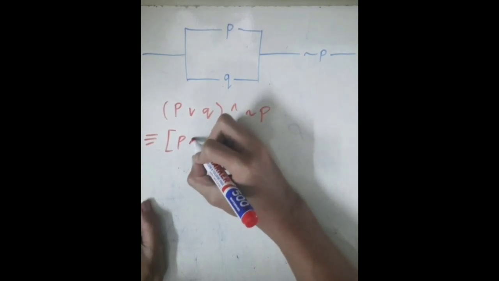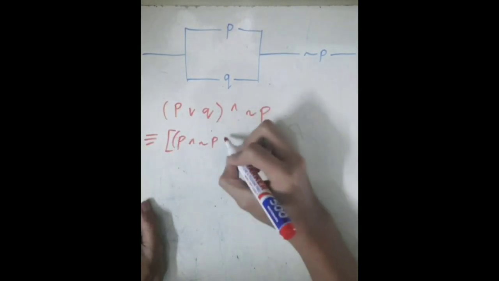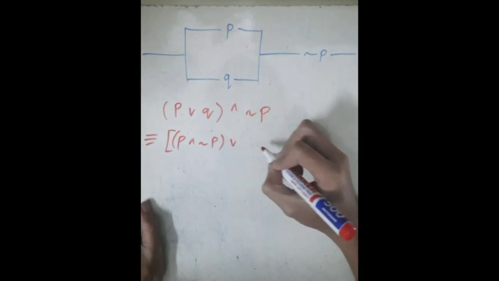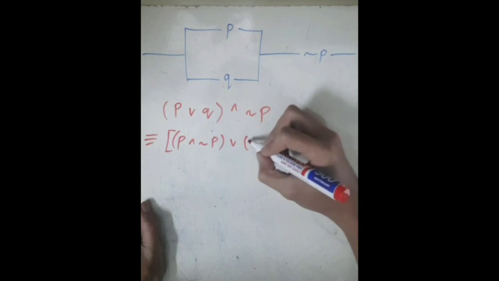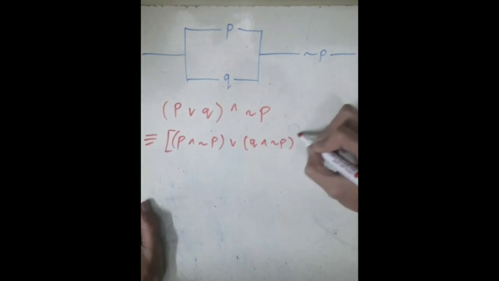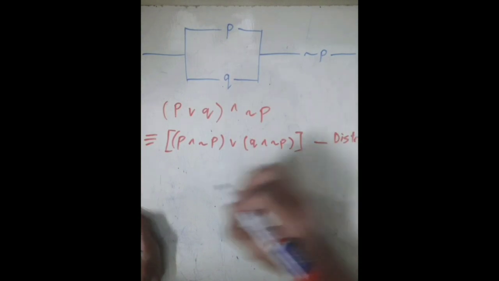P and not P in bracket or Q and not P. So this is a distributive law.